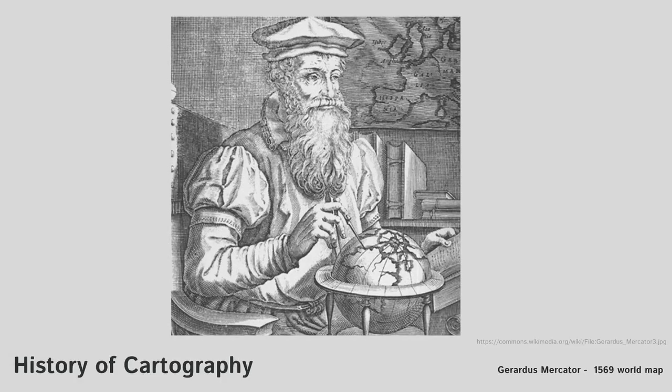If we think about the Renaissance, in 1569, Gerardus Mercator comes up with the Mercator projection. We can start to think about math behind maps, that there's actually a quantitative component to map making that could be really valuable.